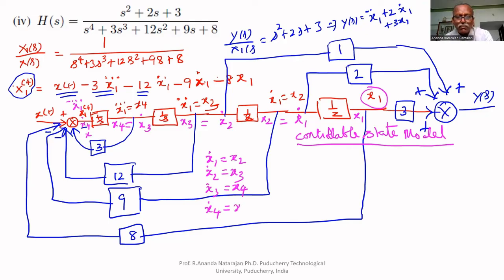That is x of t minus 3 times x4, minus 12 times x3, minus 9 times x2, minus 8 times x1. That is x4 dot.